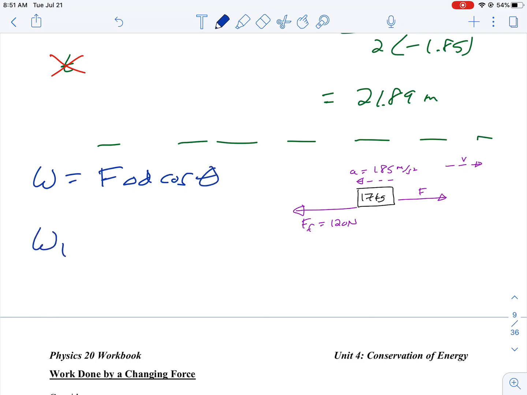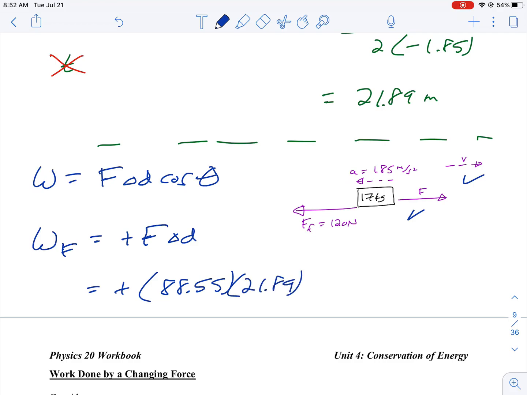So the work done by F becomes equal to F delta D, and the cos theta just really is a positive or negative work. Because the force goes the same way as the velocity, same way as the motion, that'd be positive work. So it's simply going to be positive, the F, which was 88.55, times the delta D, which is 21.89, and this one comes to be positive 1.94 times 10 to the third joules.